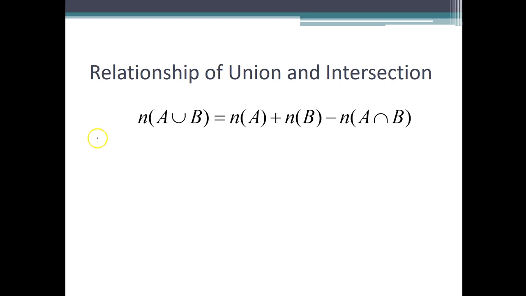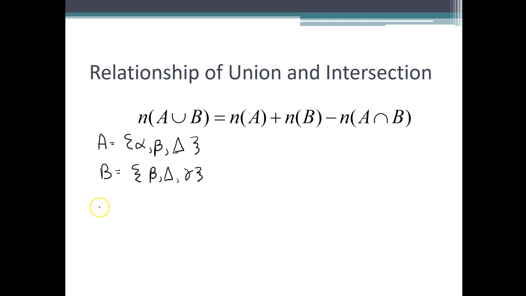Okay, so let's say you have set A that contains alpha, beta, delta, and let's say you have set B that has beta, delta, gamma.